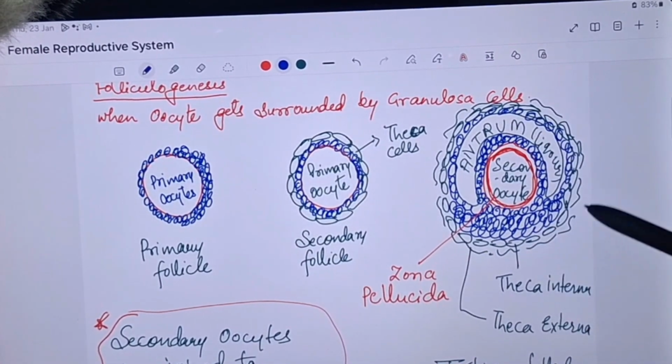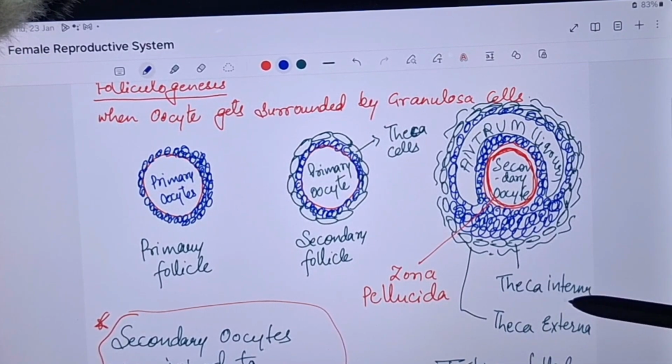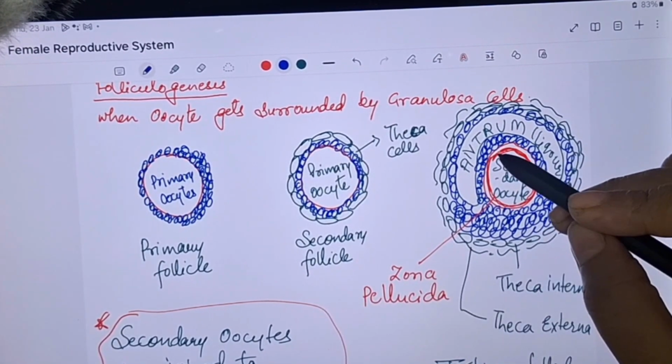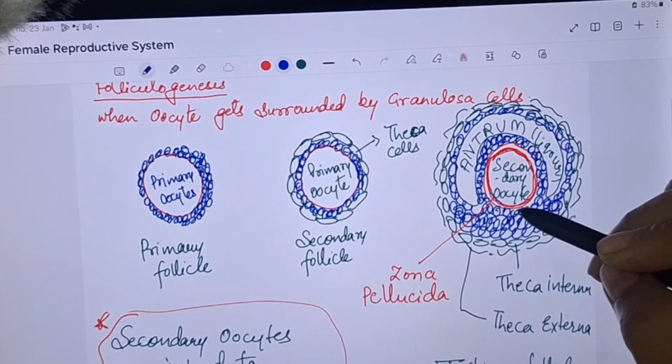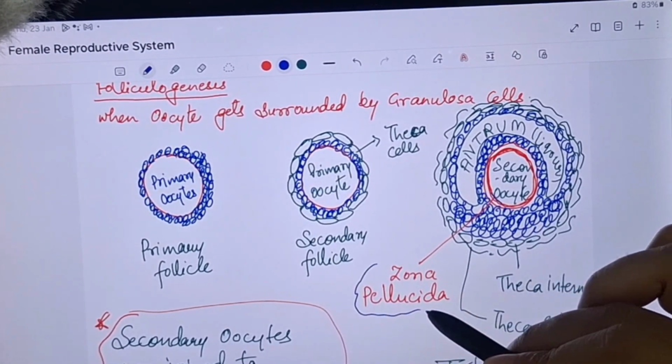The outermost layer will have the theca externa and theca interna. Definitely the secondary oocyte is lined here by the zona pellucida.